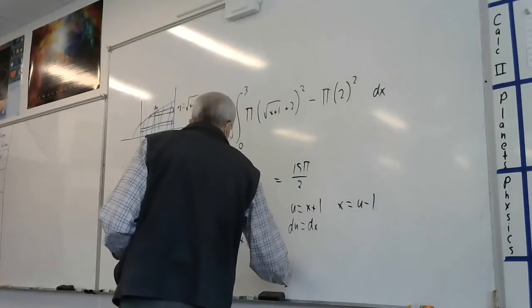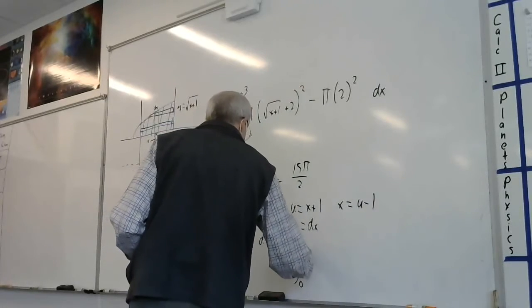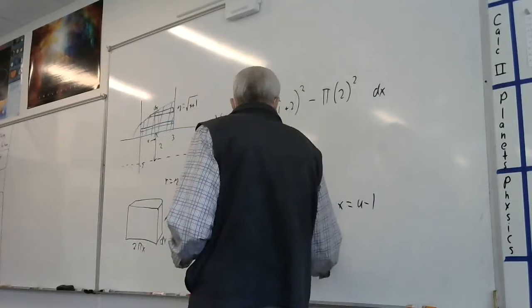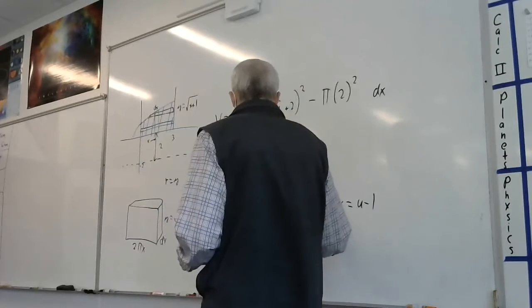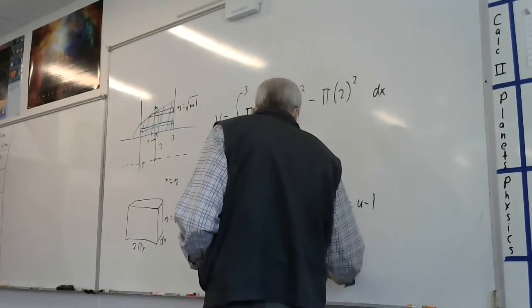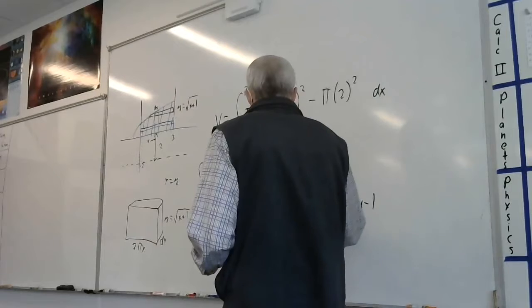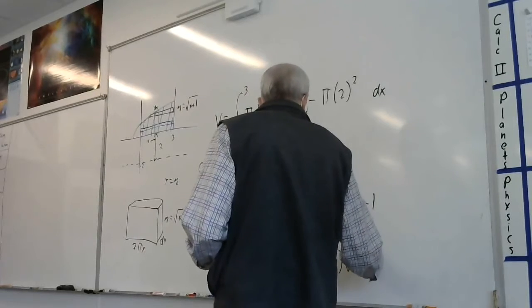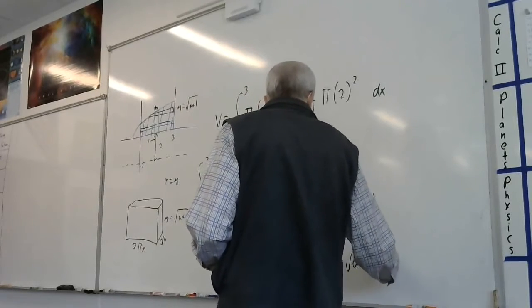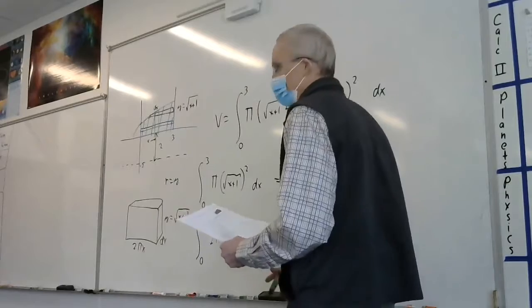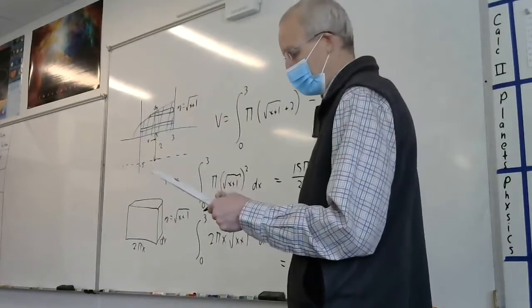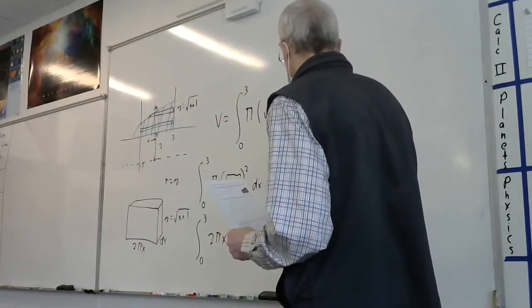So this integral becomes the integral of 2 pi x, which is u minus 1, times the square root of u, du. And it's really not 0 to 3. I changed my limits here so I don't have to go back to x's.